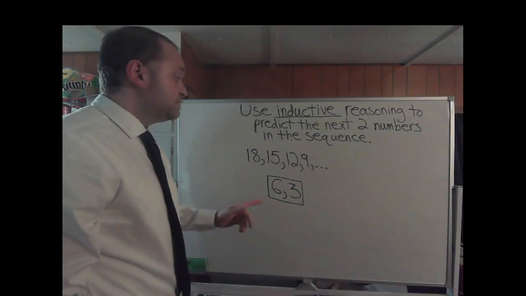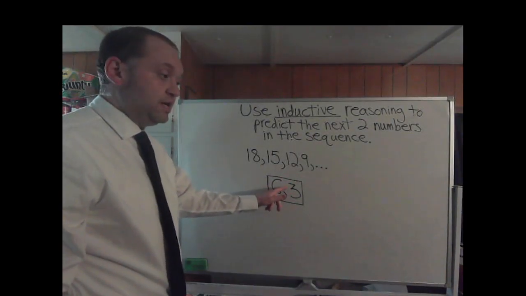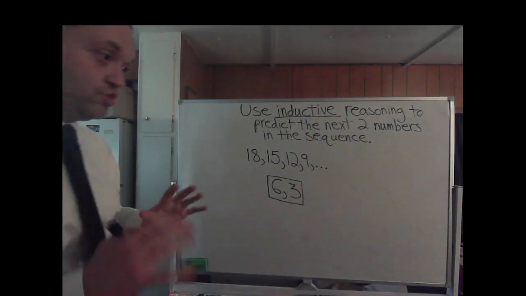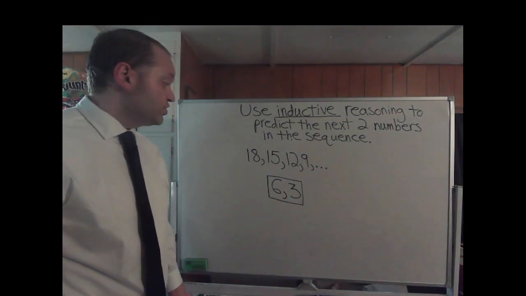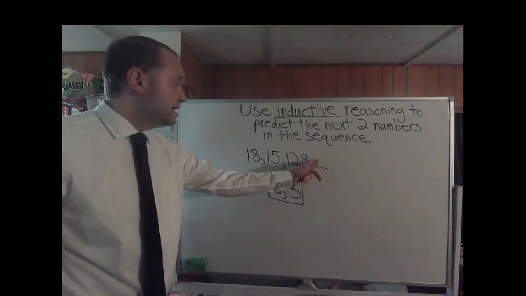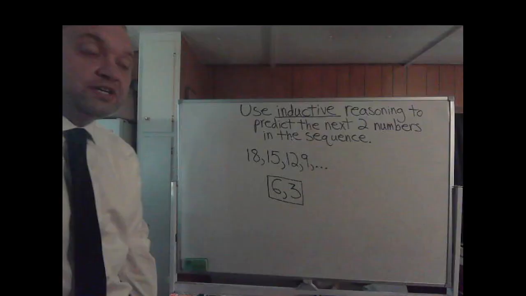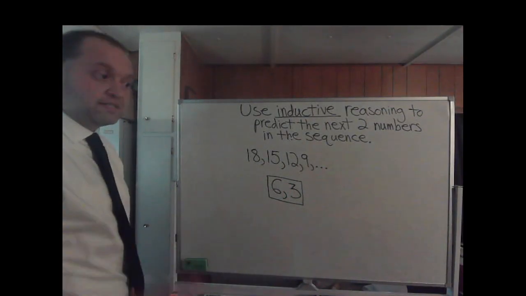This conclusion of the numbers being 6 and 3 is probably true. But how do we really know for sure? Who's to say the next number isn't 0 and then the next number is -50 after that? We don't really know that. That's why it's probably true, but not necessarily true.